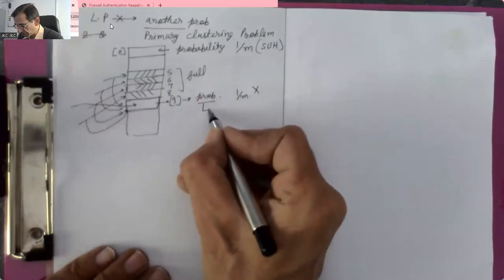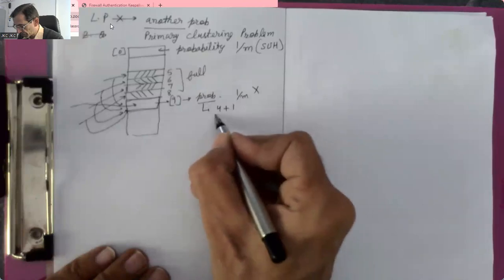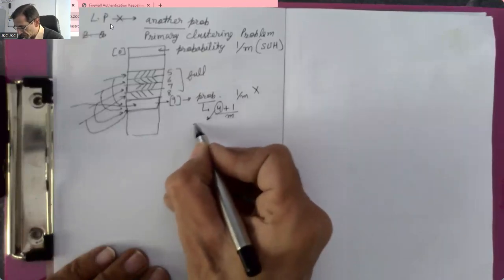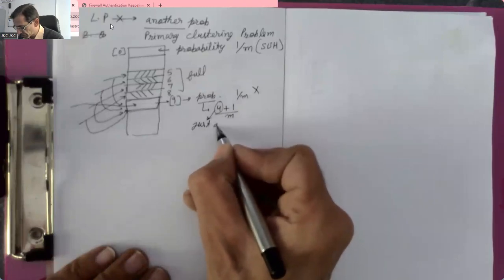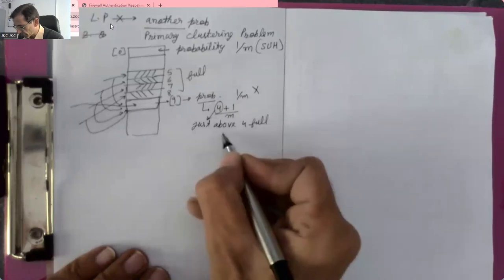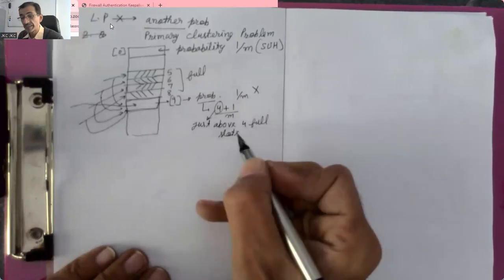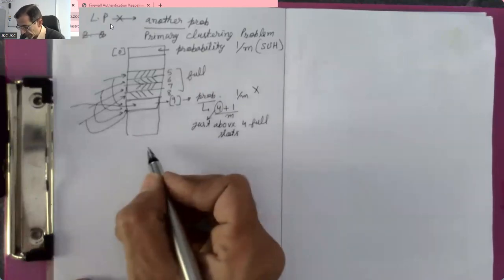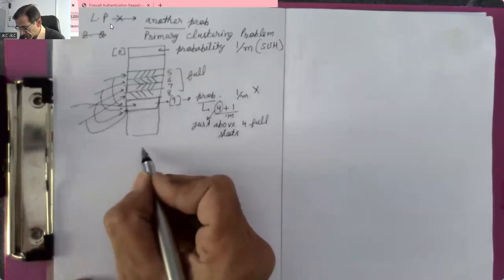So this probability effectively becomes 4 plus 1 by m, and just above, there are 4 full locations. 4 full slots exist. That increases the probability. So the probability of the next slots increases much more.